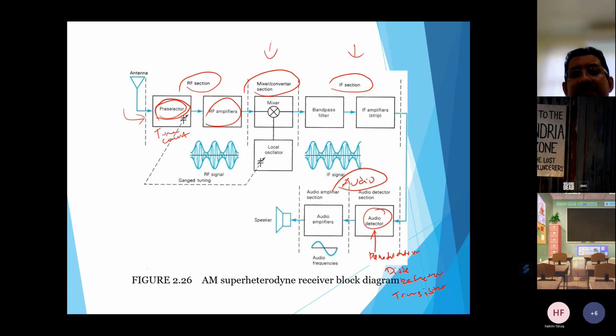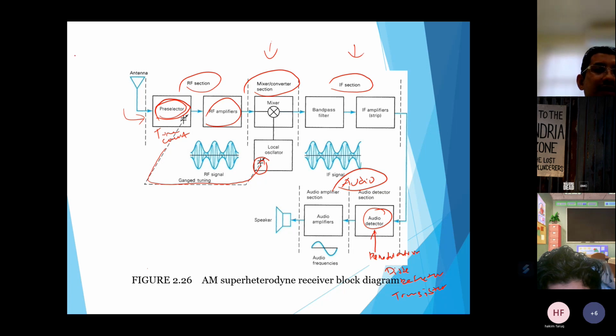Okay. And then what is this? Mixer converter section. So you nampak di sini adanya kita panggil sebagai gang tune. Apabila kita tune frekuensi preselector ataupun tune circuit, maka frekuensi local oscillator juga akan berubah. Okay. So tadi kalau kita lihat antena ni dia terima signal dalam bandwidth yang besar.